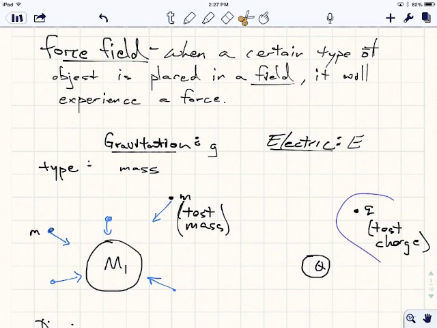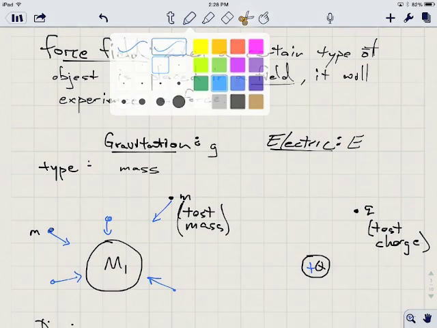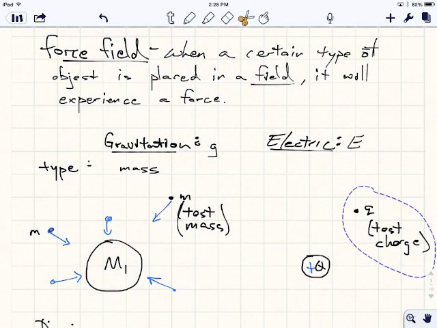So placing this test charge in this area, we don't really know where the force is unless we know the sign of those two charges. So let's say for now that our big Q, the one generating the field, is a positive charge. Okay? The test charge is always going to be considered to be positive.